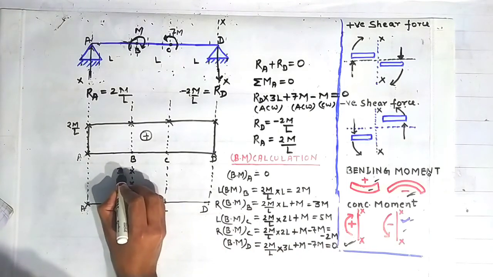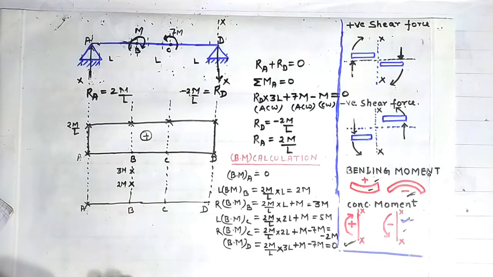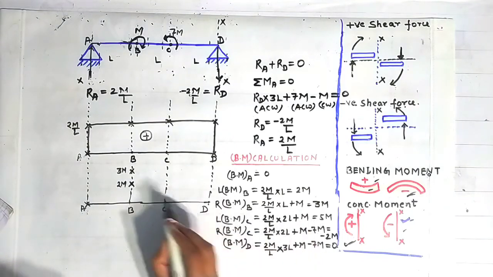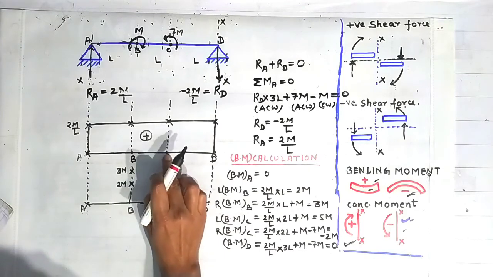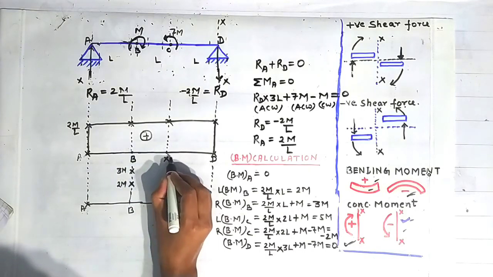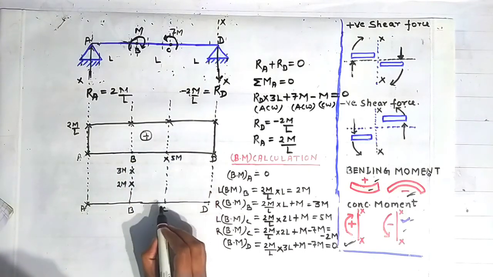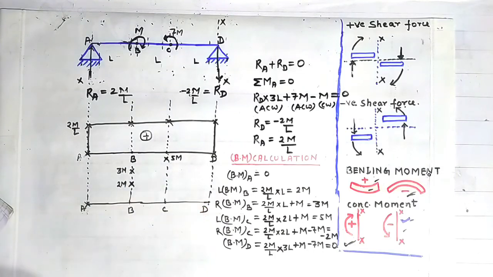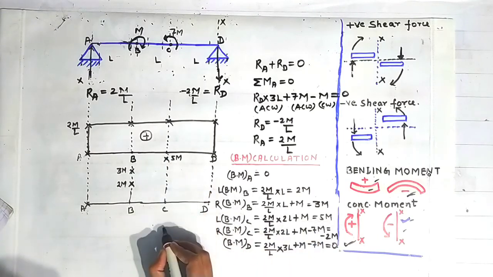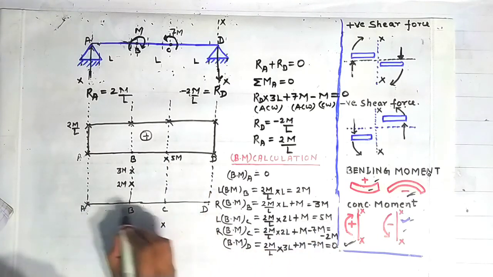Suppose 3m lie here above the point B, and on the left side of the point C, it is going to plus 5m, so it is again increasing to plus 5m. So I am rubbing this C, increasing to somewhere here. 5m will lie here above the point C, and it is going to minus 2m on the right side of the point C. So it is decreasing to minus 2m, that is going below this line.